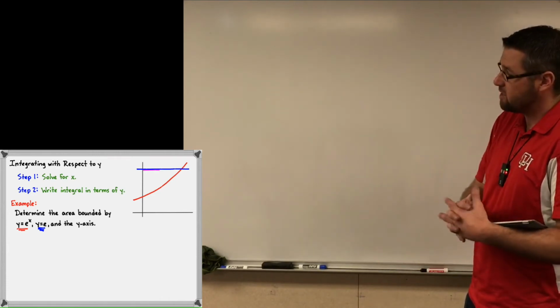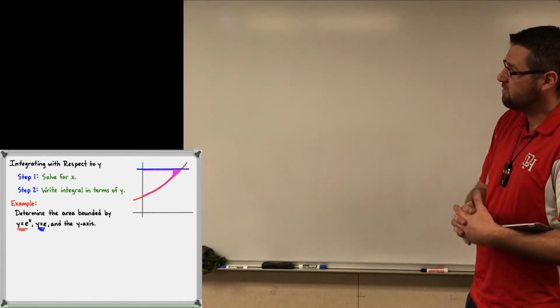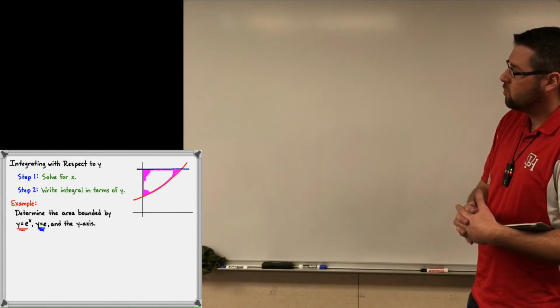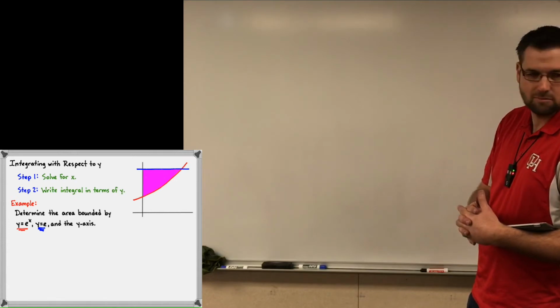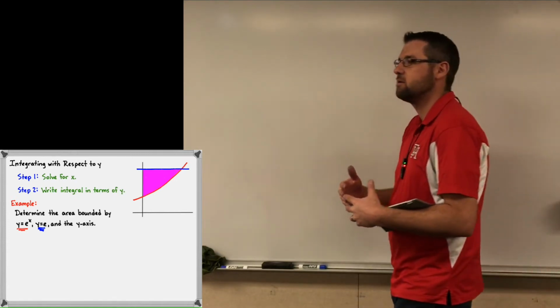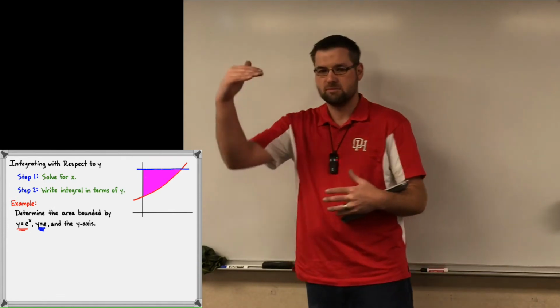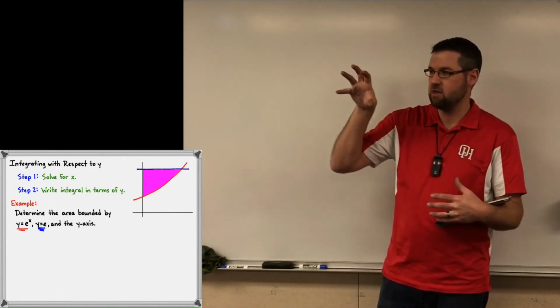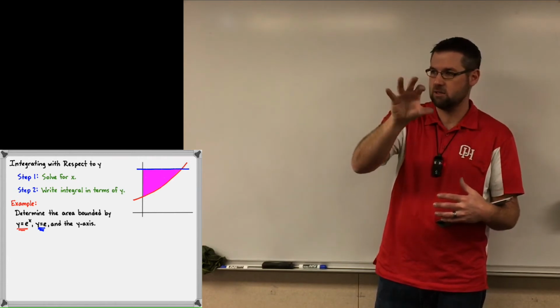Our first method, our normal method, to find that area would be to do what? Find the points of intersection, yes, but ultimately, you're going to take what? The integral of the upper curve minus lower curve.